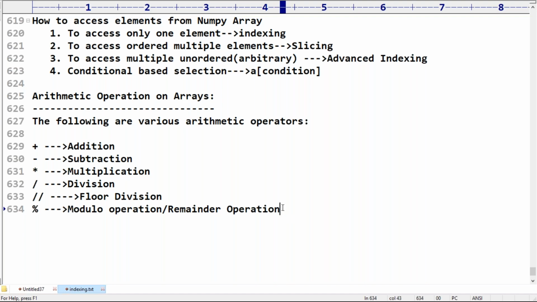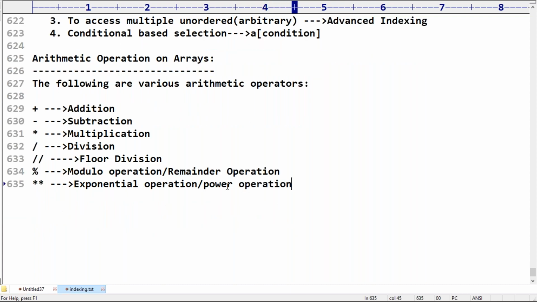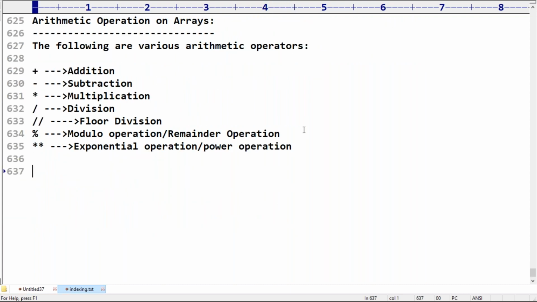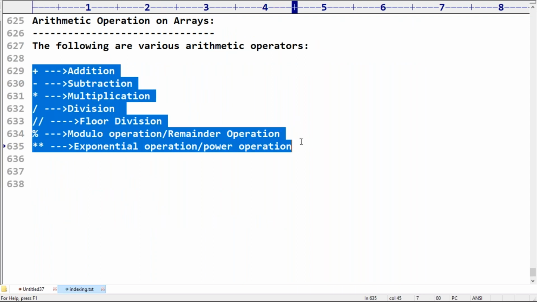Next is the exponential operation, which some people call the power operator. These are the various arithmetic operators available in Python. Remember that.